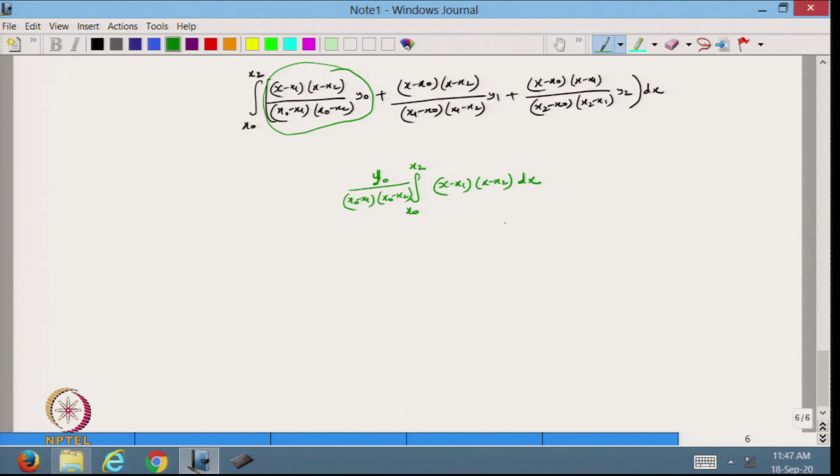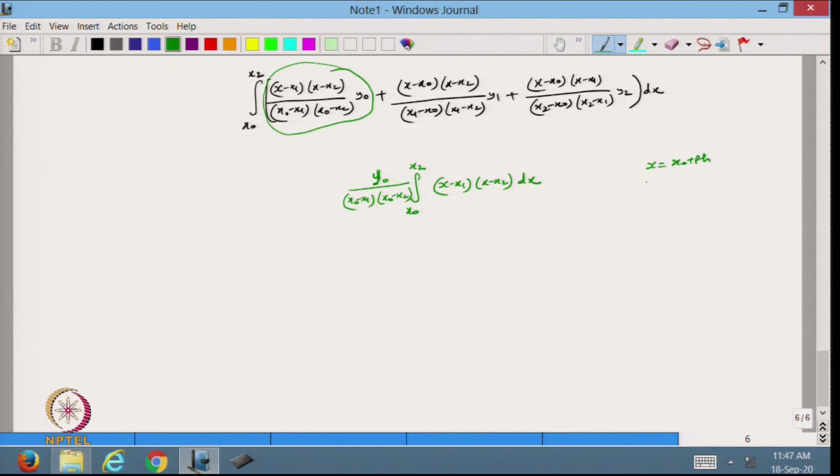Now, one thing is that we can do the integration directly, but sometimes it becomes cumbersome. So, let us take the transformation. I know that my value x can be written as x0 plus ph. We have done this when we were doing the interpolating polynomial, that we can represent x is equal to x0 plus ph, where this parameter p we introduce, generally lying between 0 and 1.